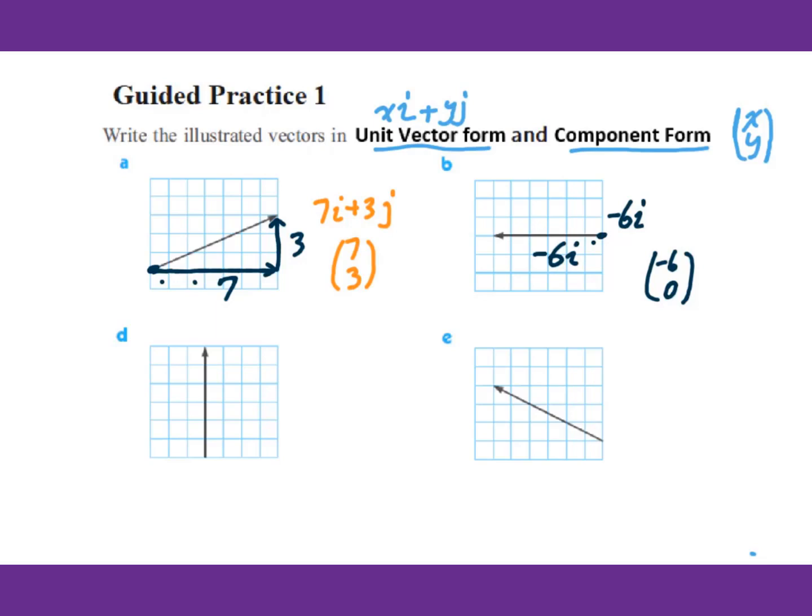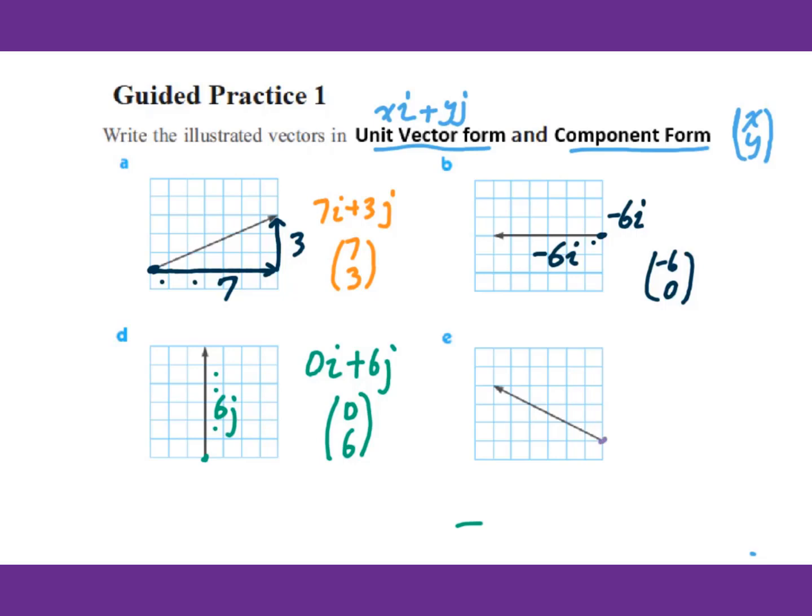Let's go to D. We have a vertical move, we don't have a horizontal move. That's why we have 0i plus j, go 1, 2, 3, 4, 5, 6, go up. Therefore, it's a positive 6j. So we will write the component form as 0, 6.